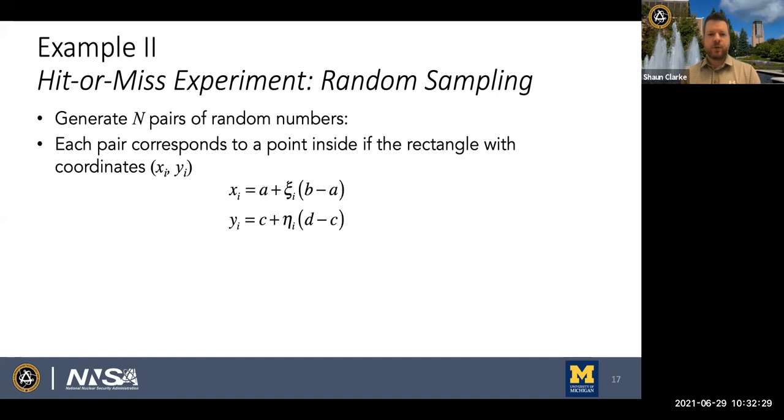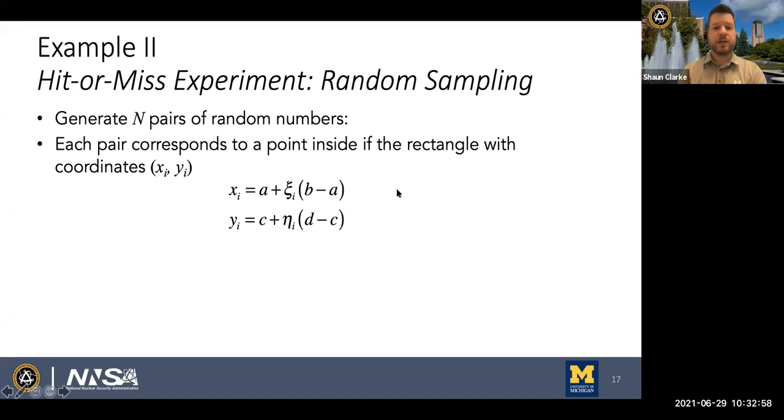So to do this, if we again assume that our plane is distributed between B and A on the x-axis and between D and C on the y-axis, we can sample our x coordinate using our first random number, xi, as A, the lower bound, plus B minus A times a random number. Remember, this xi, the random numbers, are distributed between 0 and 1.